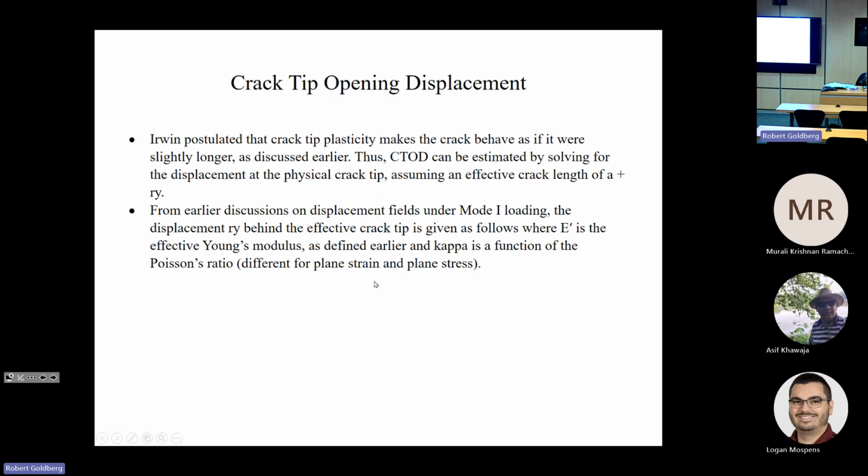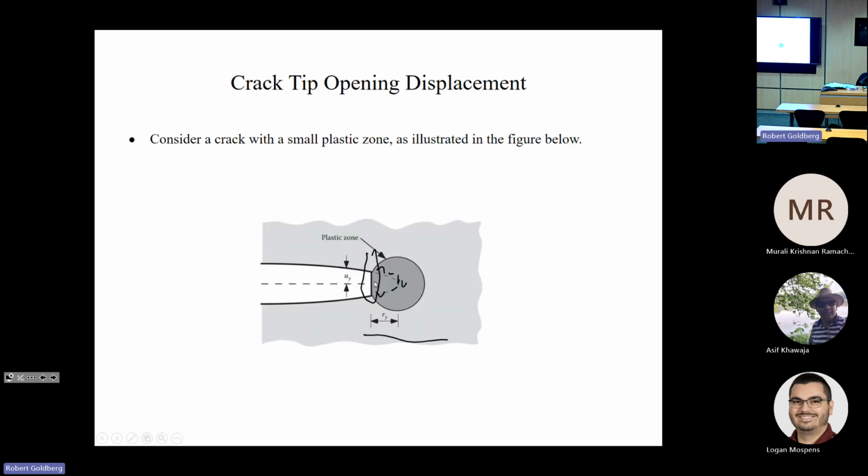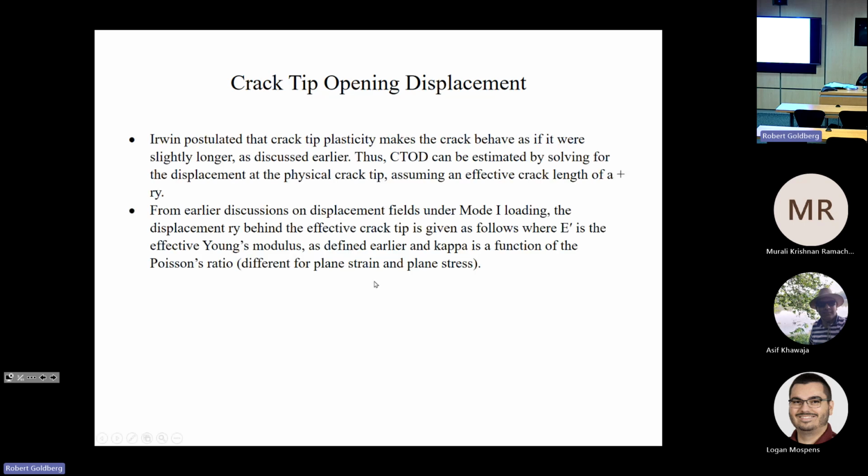From earlier discussions on displacement fields, and we had that table where we gave the displacement fields under mode 1 loading, we can utilize this displacement, with Ry being the radius of the plastic zone behind the crack tip. So we can say that this U sub y is just the distance from the center line of our crack to the top of the blunted crack.